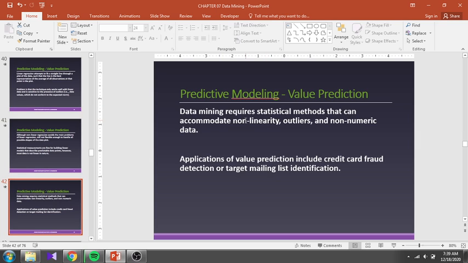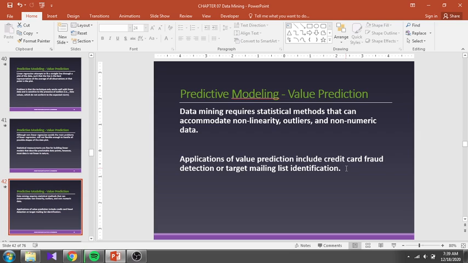Okay, another one on the value prediction. Data mining requires statistical methods that can accommodate non-linearity, outliers, and non-numeric data. Data mining should cover all these kinds of situations. So applications of value prediction include credit card fraud detection or target mailing list identification.